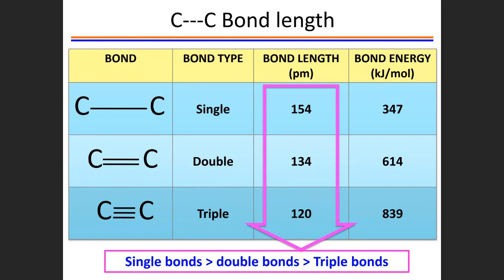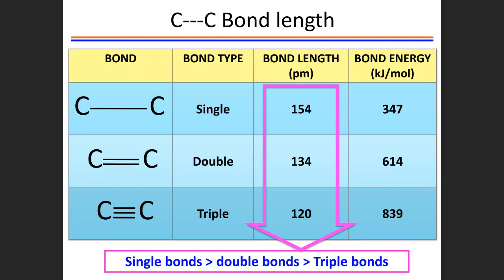And we also know electronegativity, the affinity of an element to attract electrons. So what do we mean by bond length? This is the distance between the electron and the nuclei of the carbon.